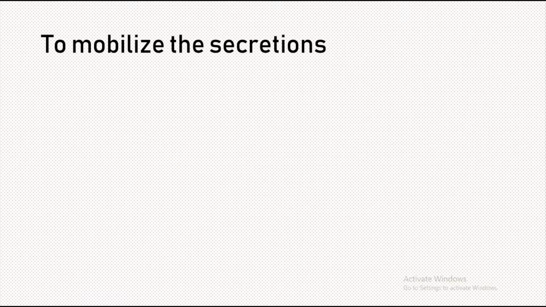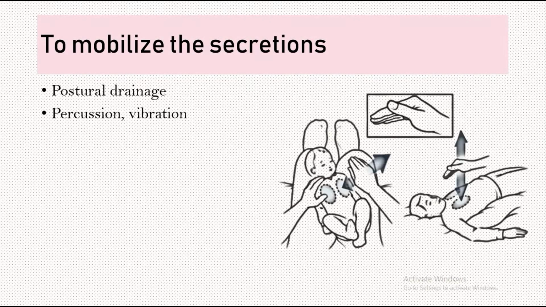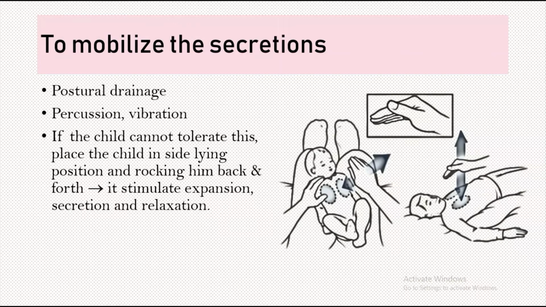What can we do to mobilize the secretions? Postural drainage techniques, percussion and vibrations help to mobilize the secretions and improve the ventilation. In some cases, if the child cannot tolerate this, place the child in a side-lying position and rock him back and forth. It stimulates expansion, secretion clearance and relaxation.